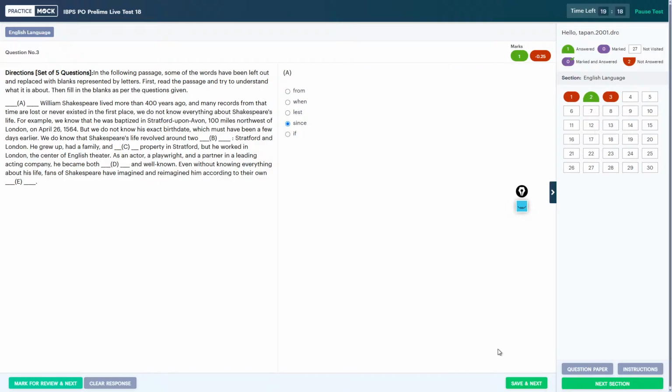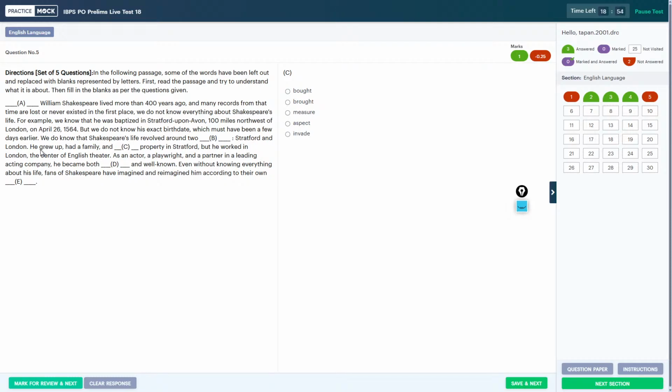Okay, since William Shakespeare lived then, we know that Shakespeare's life revolved around two locations, Stratford and London.